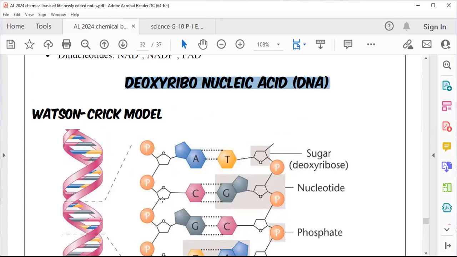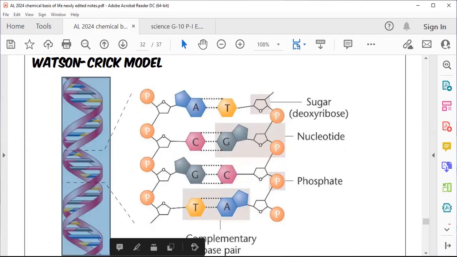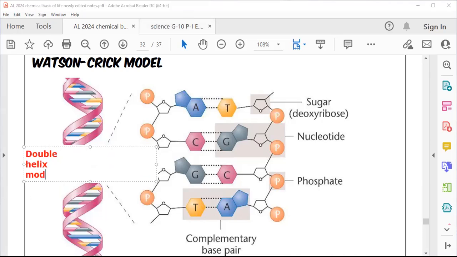If you take a DNA molecule, I think you are already familiar with this kind of arrangement of the DNA molecule. Yes or no? Yes, sir. This shape is called the double helix model.